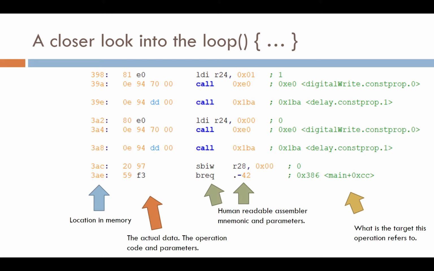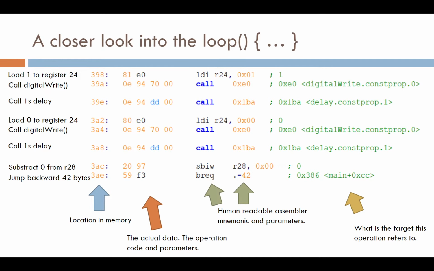Then the human readable, well, engineer readable assembler mnemonic parameters, and then those comments, the green ones, that's the C language code, or basically a pseudocode showing where any of those mnemonics refer to. Okay, and that's actually what I was telling you in so many words.